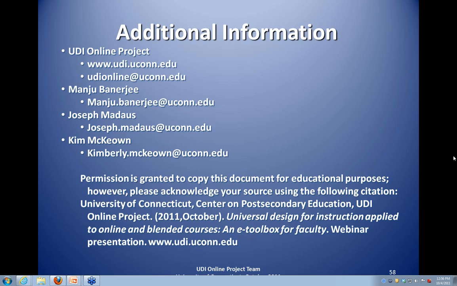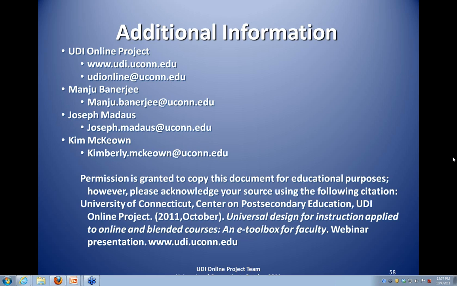And one other question that's come up is related to, again, how do the specific tools relate to specific principles of UDI? And again, we have to stress that it really depends upon how the tool is used and for what purpose. So, for example, within Audacity, that question came up, and so there are multiple ways.